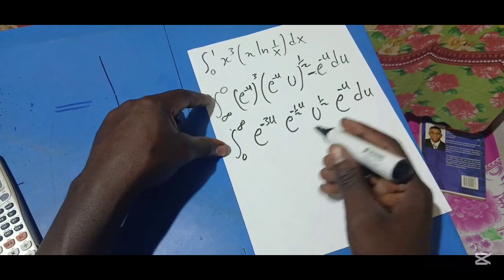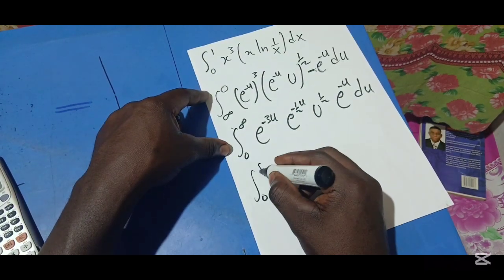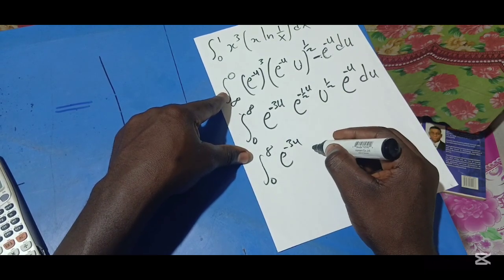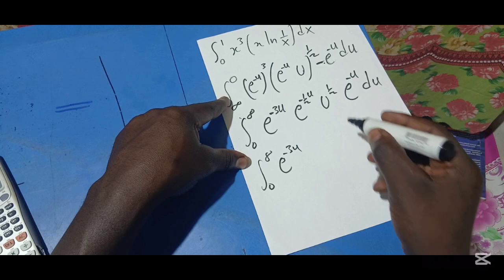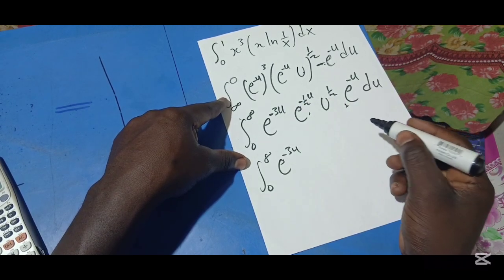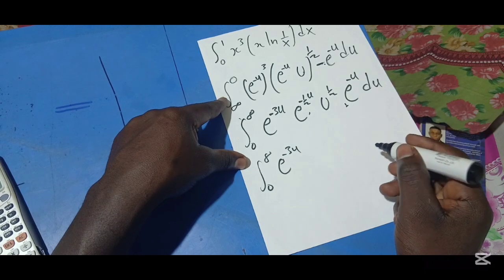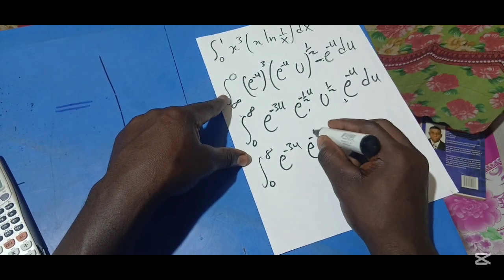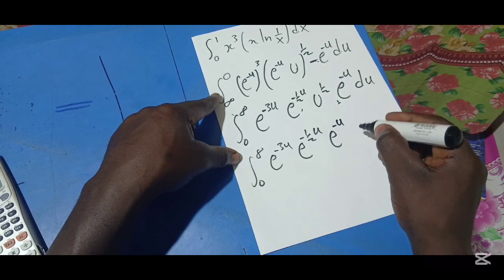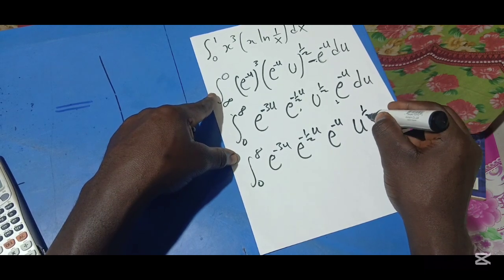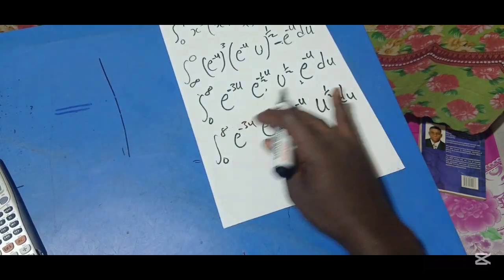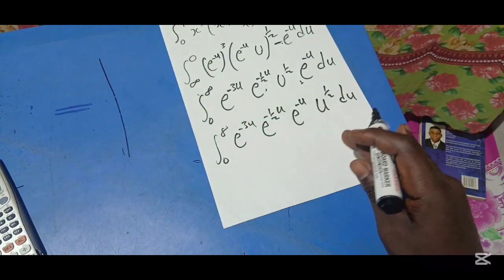So now we can group like terms. Since all of these are multiplying, from the law of indices we can go ahead and add the powers. Let me write this again: let's bring this e here, then our last half, u to the power half du.